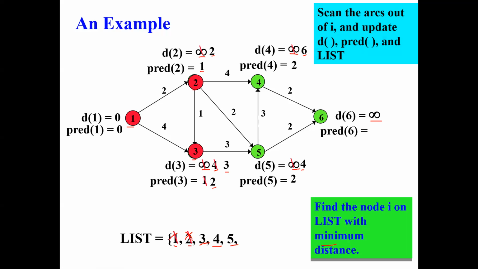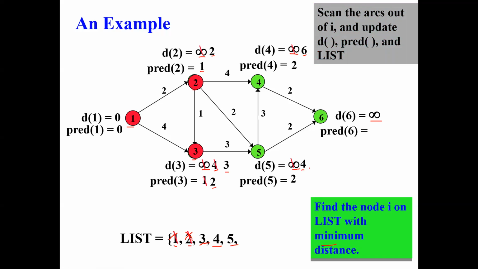The only node that we can reach from 3 is 5. So we scan the arcs out of I and update D, predecessor, and list. The distance from 3 to 5 is 3, plus the distance from 1 to 3, which is 3. If we sum 3 plus 3, that is equal to 6. 6 is larger than 4.